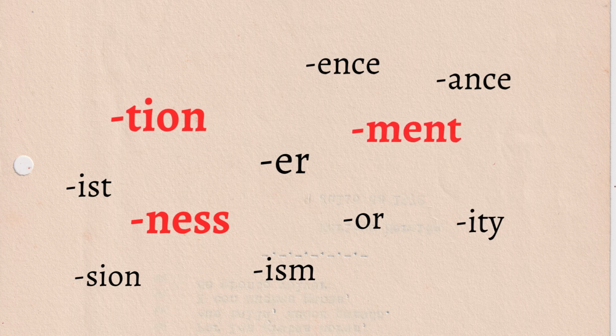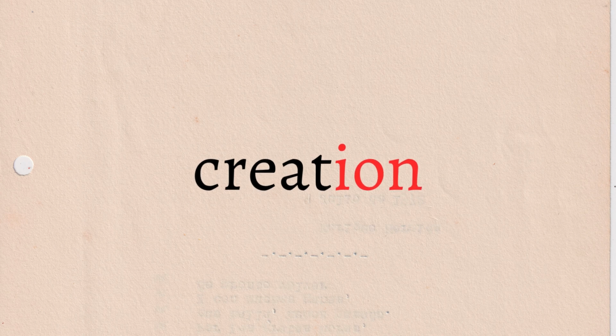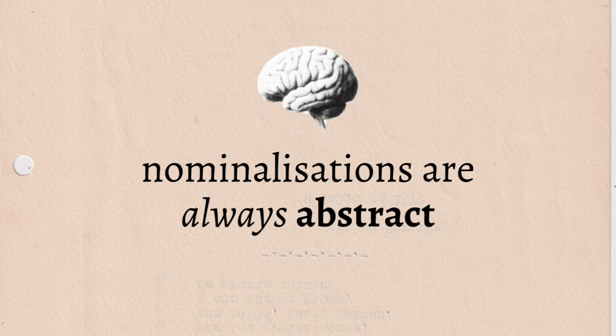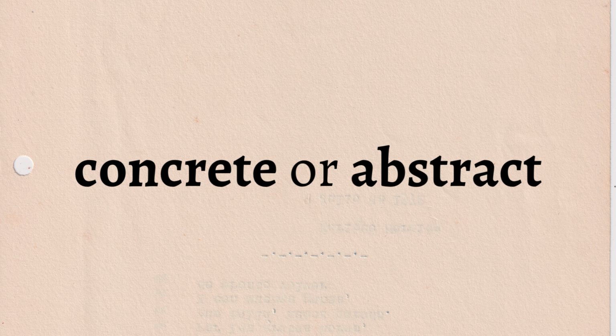For example, the adjective willing becomes willingness as a noun. The verb create becomes creation as a noun. Nominalizations are always abstract. They're nouns that refer exclusively to concepts. Other nouns may be concrete or abstract depending on what they refer to.